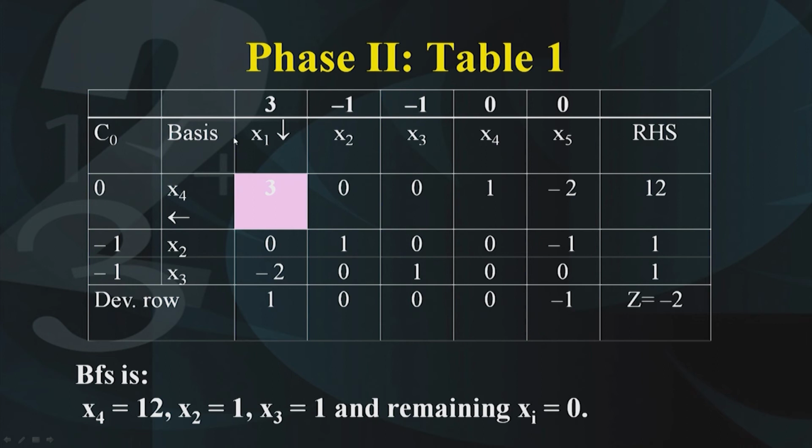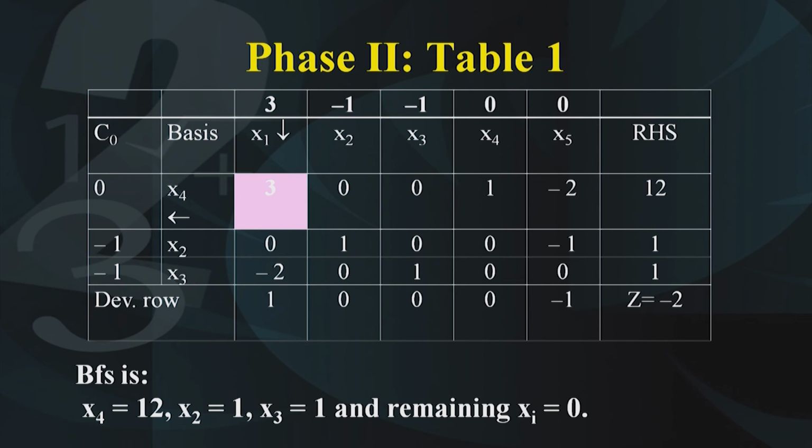You will observe that in the top row we have brought back the coefficients of the original objective function, 3x1 minus x2 minus x3, etc. And the phase 2 table 1 has all these entries the same as the corresponding entries in the columns and the rows.